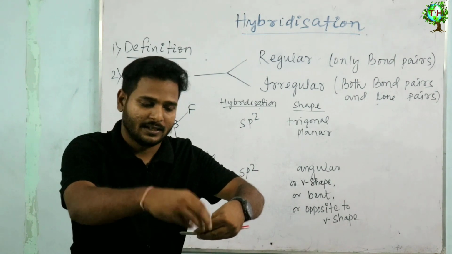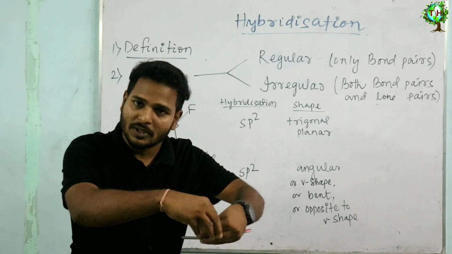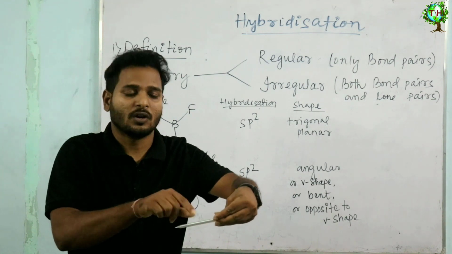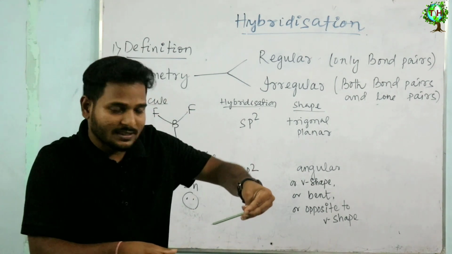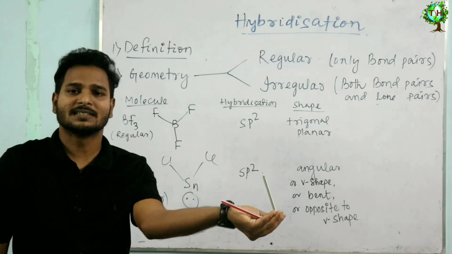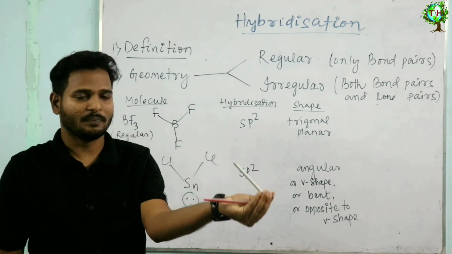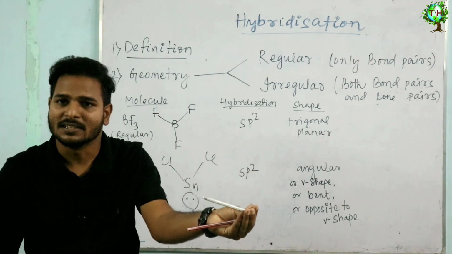Instead of a bond pair, there is a lone pair which occupies more space. So the bond angle between the bond pairs decreases. The structure is like that. It is a V shape, or reverse V shape, or bent shape, or angular shape.